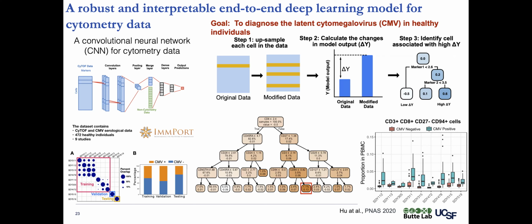In the interest of time, I won't be able to go through the project in detail, but we had pretty good success identifying the cell types which can predict who are CMV or non-CMV individuals. The paper came out in PNAS in 2020.